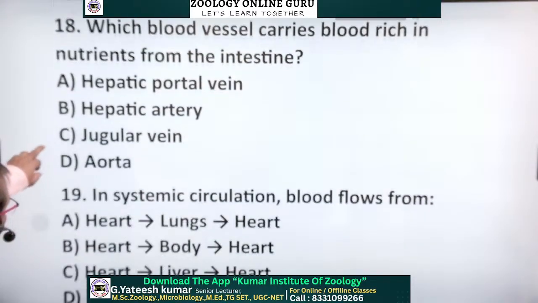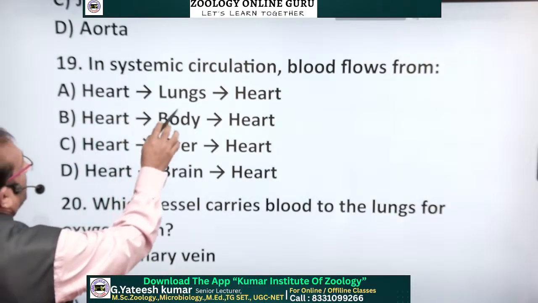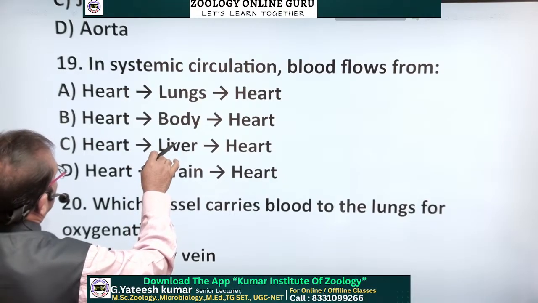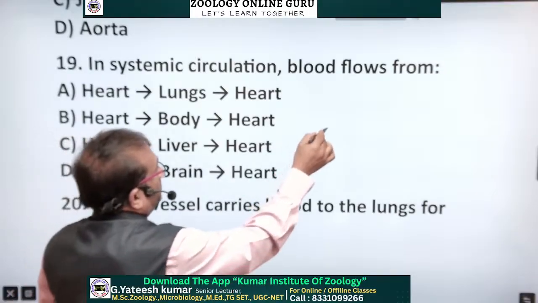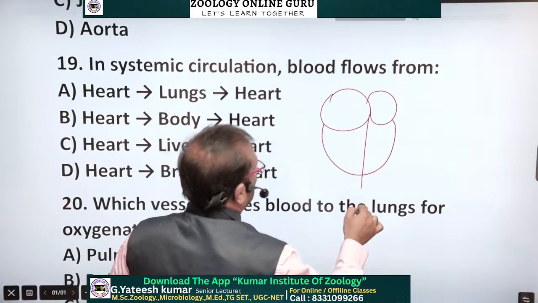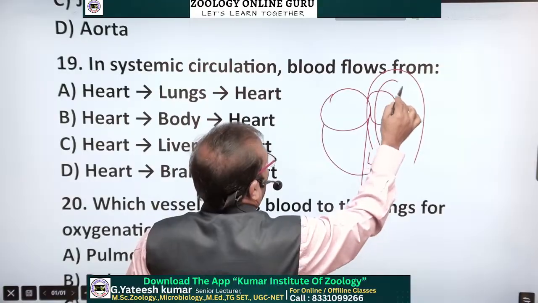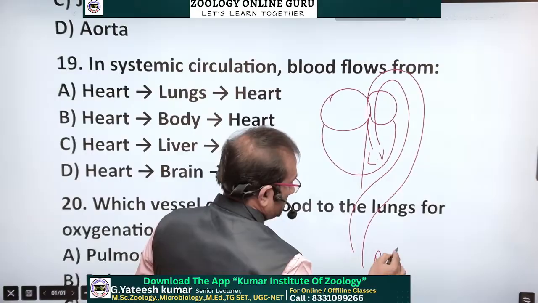Question number 19. In systemic circulation, blood flows from where? Systemic circulation does not mean heart to lungs to heart. It means heart to body parts. Look here: right atrium, left atrium, and the ventricles. From the left ventricle, a blood vessel comes out and supplies blood to all the body parts.